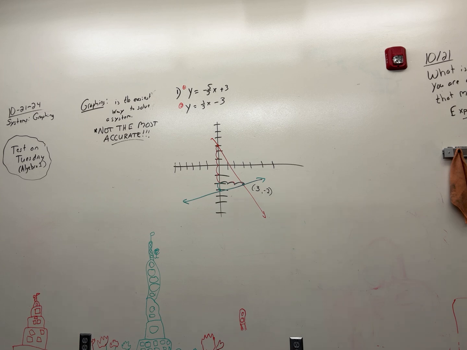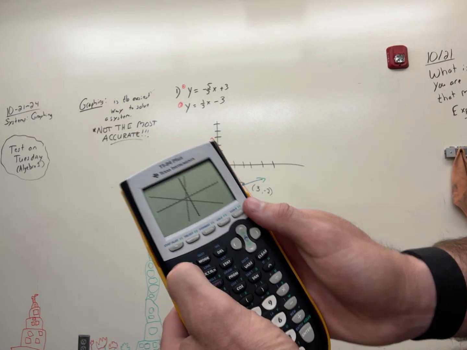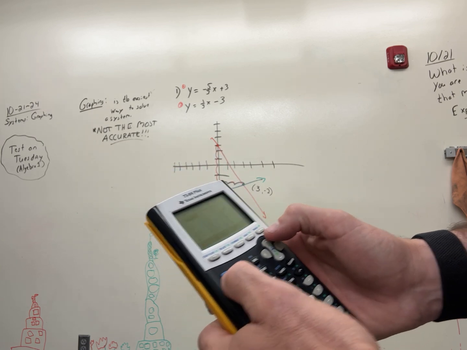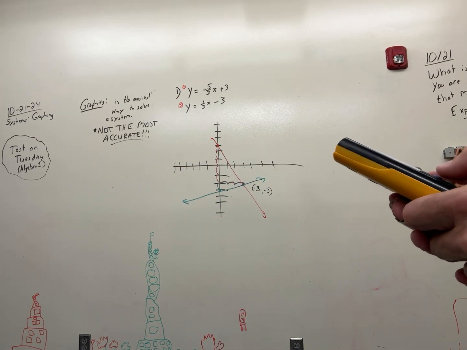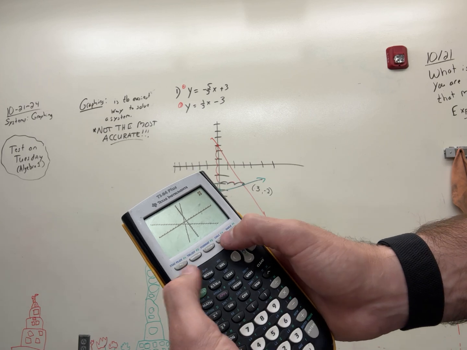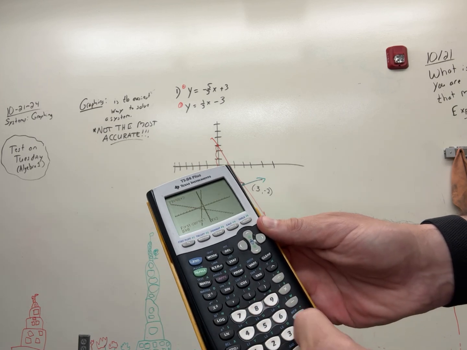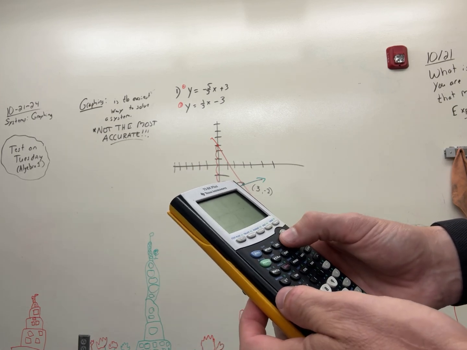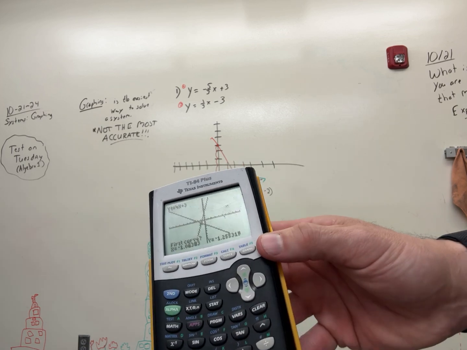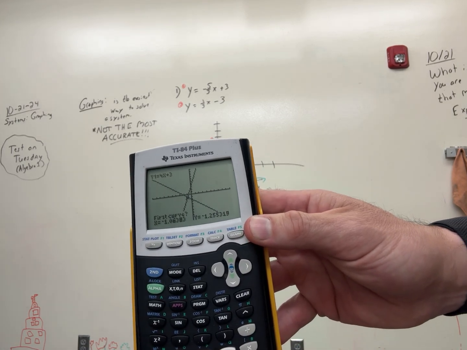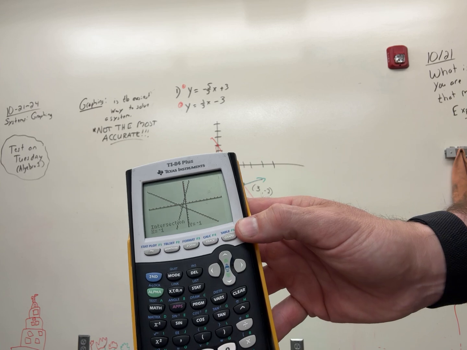So now, once we have the actual graph, we're going to press second, not table, second trace. We press 5. Move the flashy thing down to the intersection. Press enter 3 times.